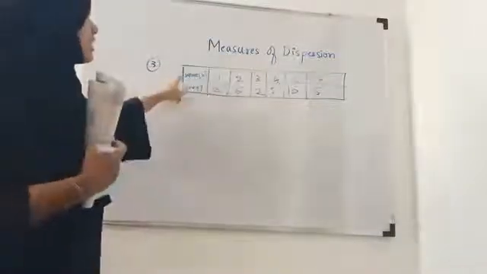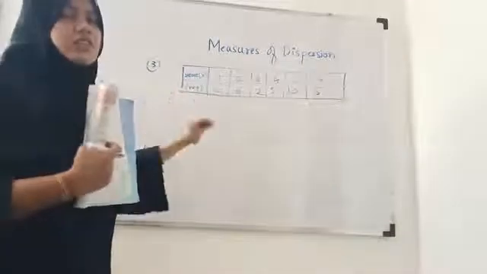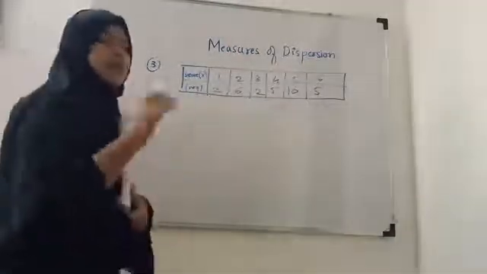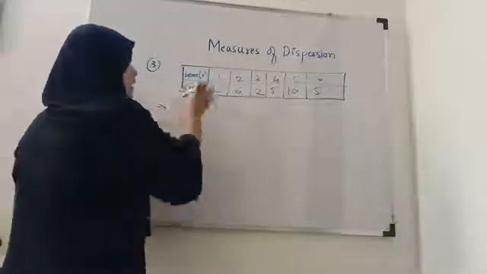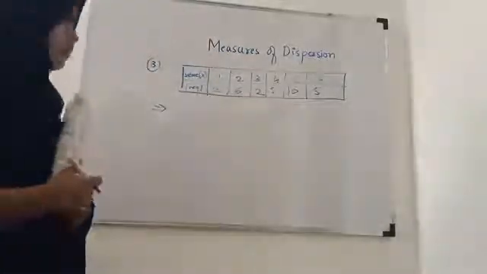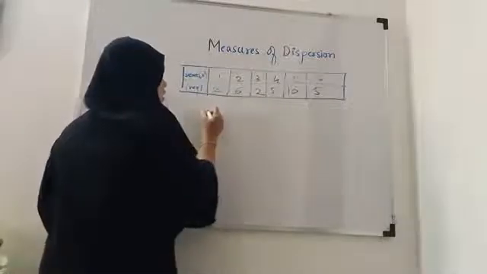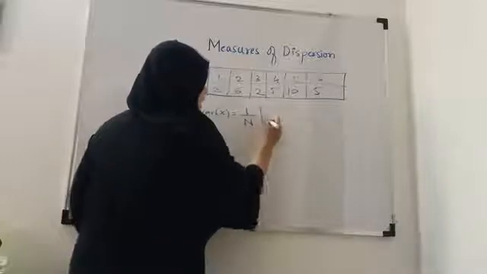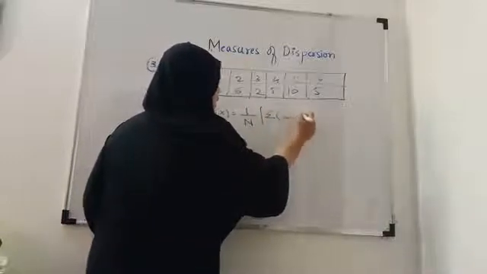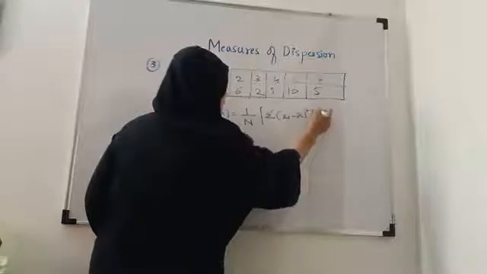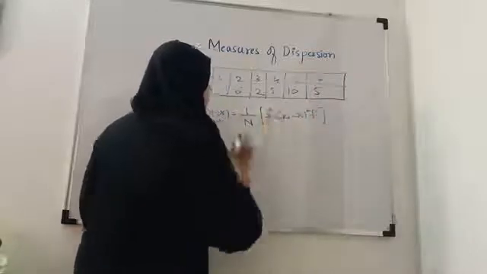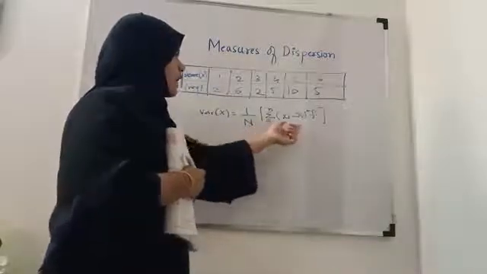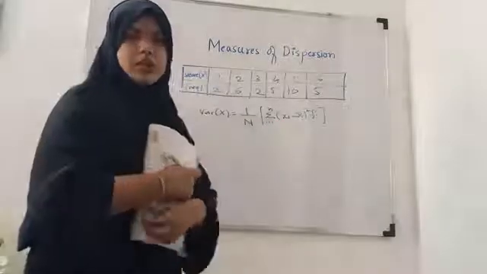So these are the xi and fi, and this is an ungrouped frequency distribution. First of all, always write down the given thing. Then write down the formula. The formula is 1 upon n summation of (xi minus x bar) the whole square into fi, where i goes from 1 to n. Try to write down the formula, so it gives you the idea which columns you will require to get the answer.